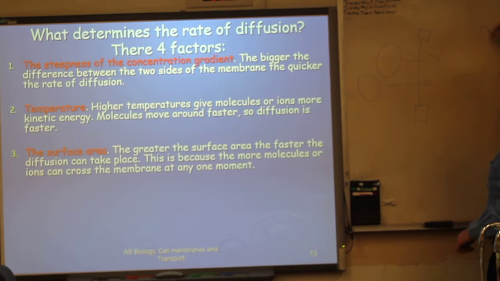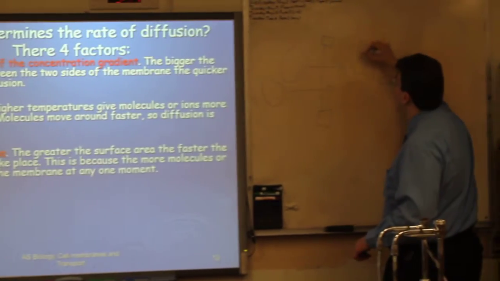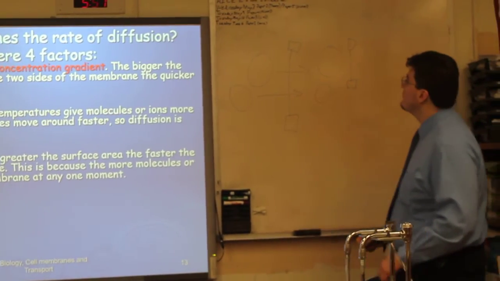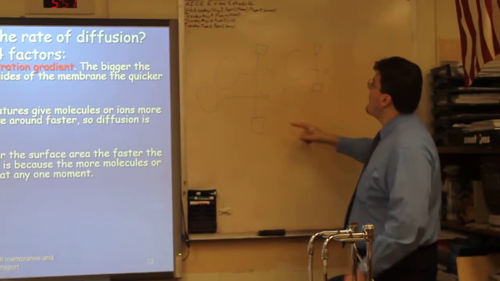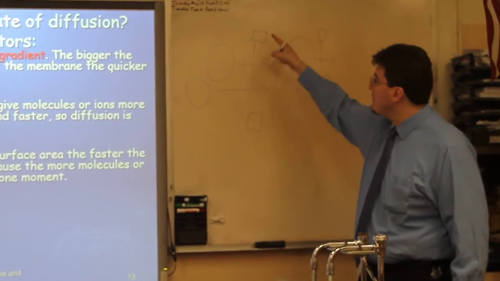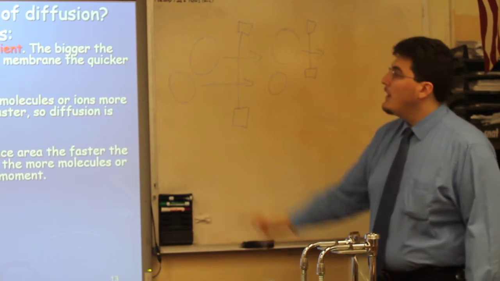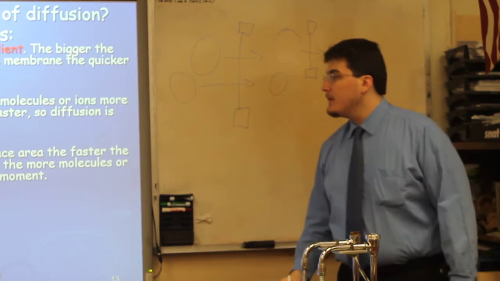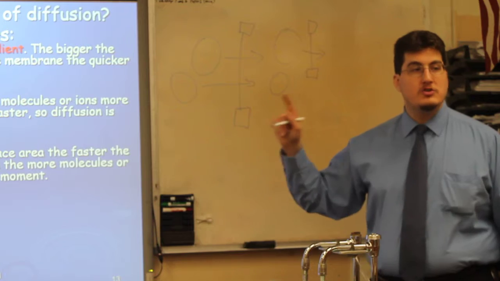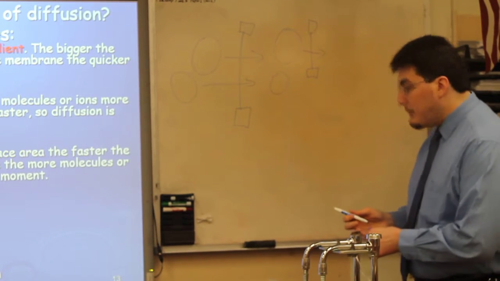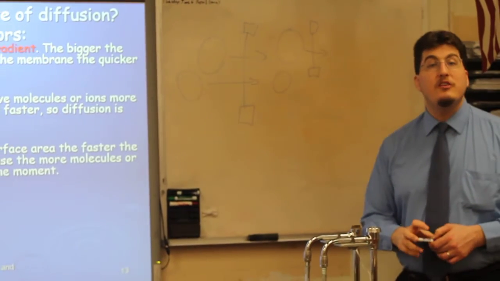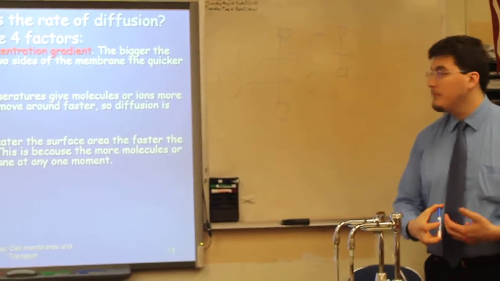If my surface area is only that wide, only 1 at a time may pass. My rate of diffusion will be faster through the larger surface area. Larger surface area gives you greater diffusion rate simply because more molecules can diffuse at the same time.